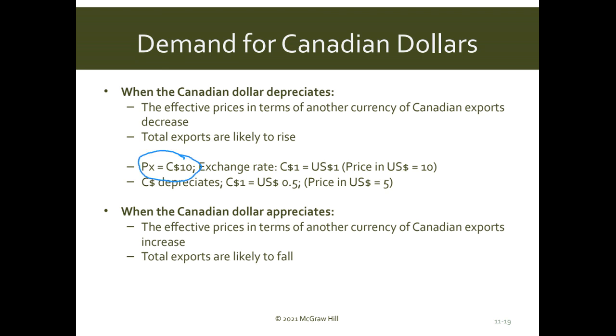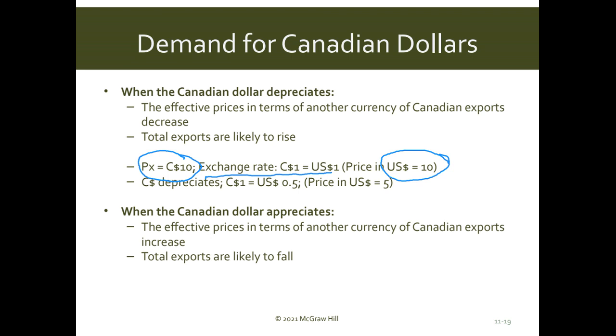Exchange rate right now is 1 Canadian dollar equals 1 US dollar. So if US citizens want to buy our product X, they have to pay 10 US dollars. So the price of the same product X in US currency would be $10.